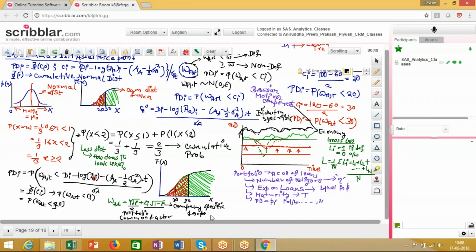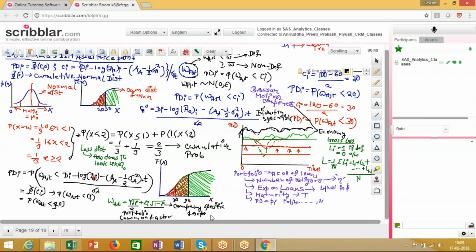These are factors which arise within each company. Therefore, this is also known as the company specific risk, whereas this portfolio common factor is also known as the single risk factor.